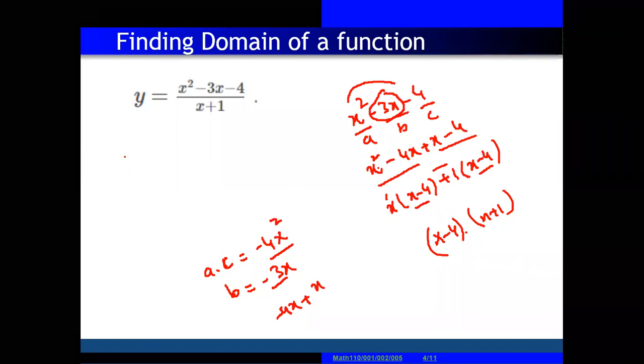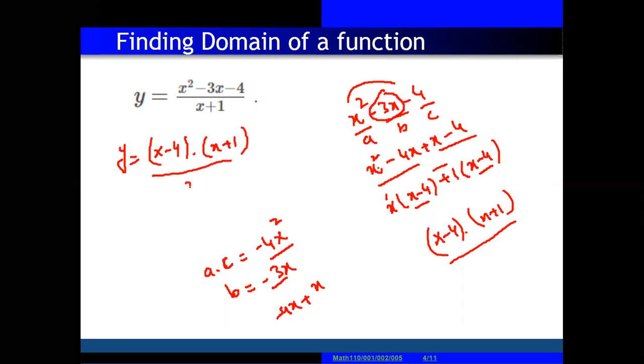Now y is equal to what? Y is equal to x square minus 3x minus 4 over x plus 1. So factorization of the numerator equal to x minus 4 multiply with x plus 1, divided by x plus 1. So x plus 1 cancels with x plus 1, and we have y is equal to x minus 4.